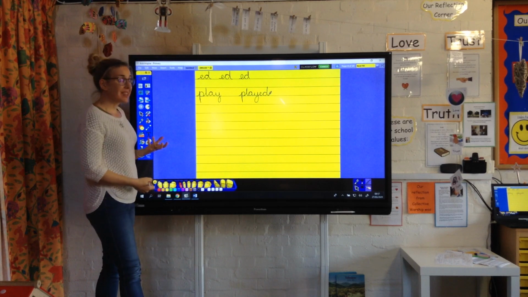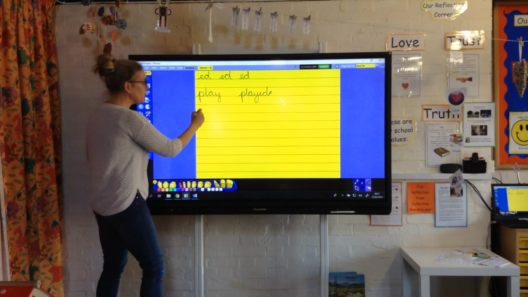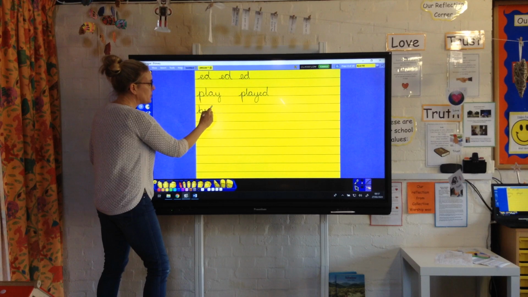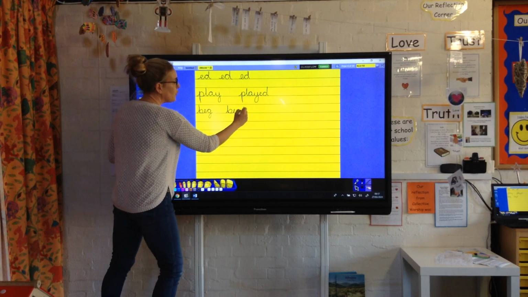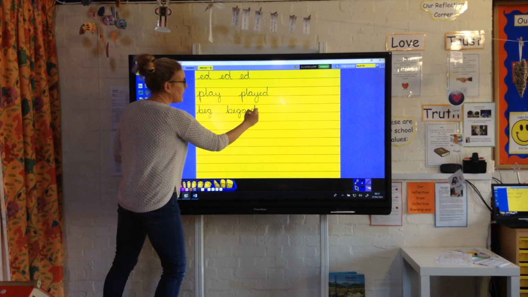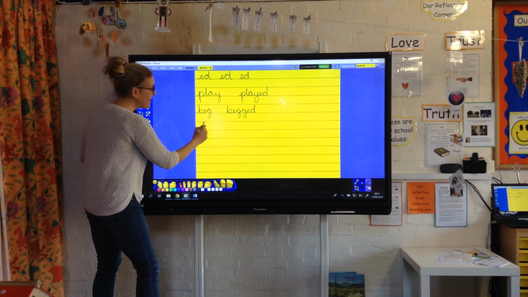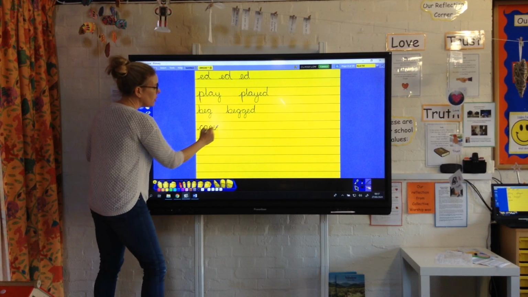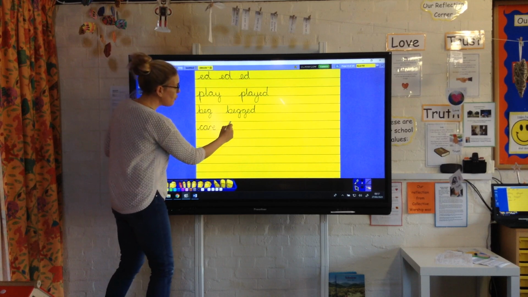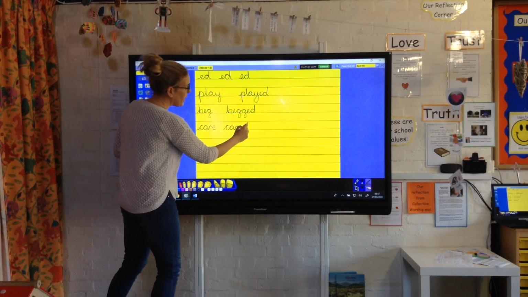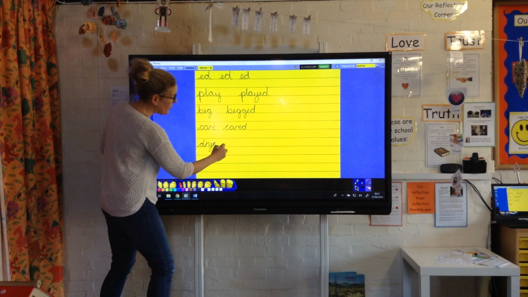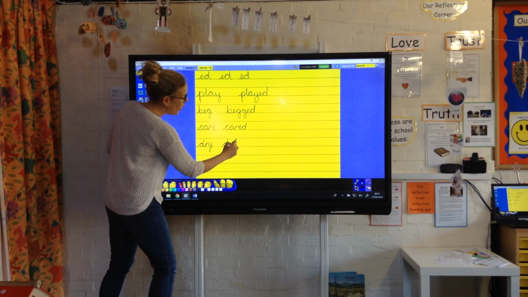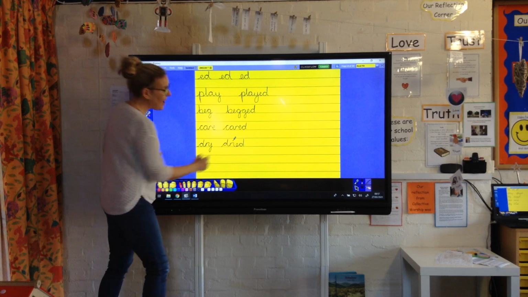So then we looked at that verb where we had to double the final consonant, so we've got that verb to beg, and then if we're writing begged, we've got to double that G. If we think about the verb care, when we add the ED, we drop the E, so we can write cared, and we can write dry, and then we can change that Y for an I to add the ED on the end.